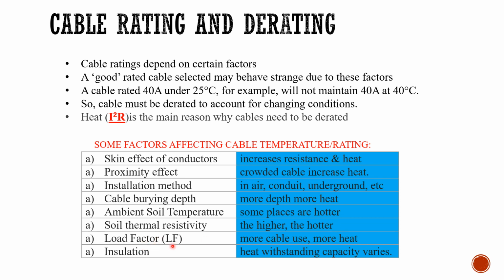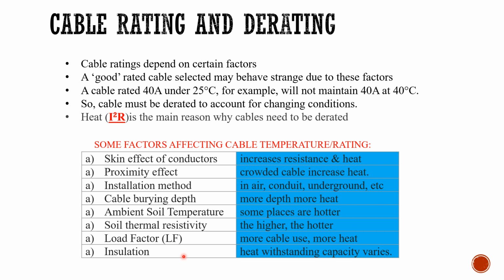Another factor is load factor, which is about how the load is being used. If a cable is under use for all 24 hours, it will be hotter. But if the cable is used for some time with some breaks, it will be less hot. Another factor is the insulation.